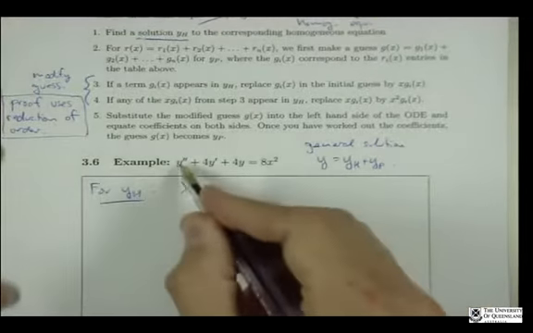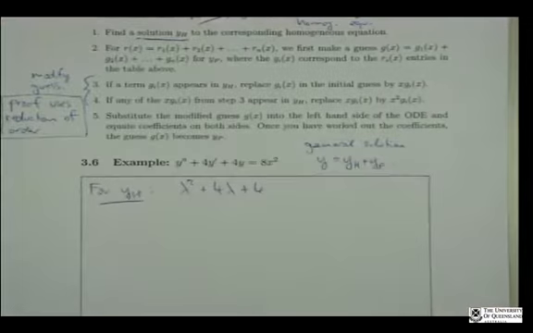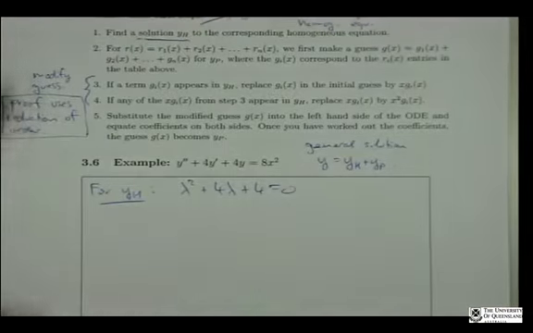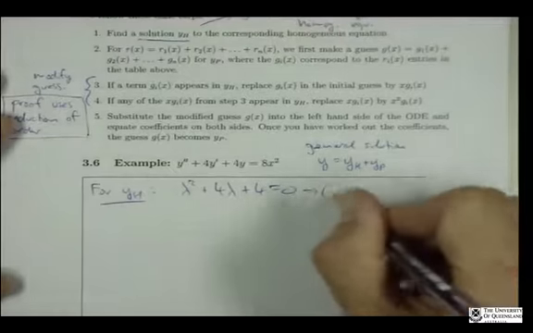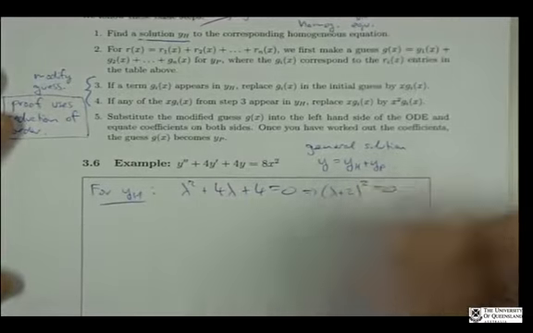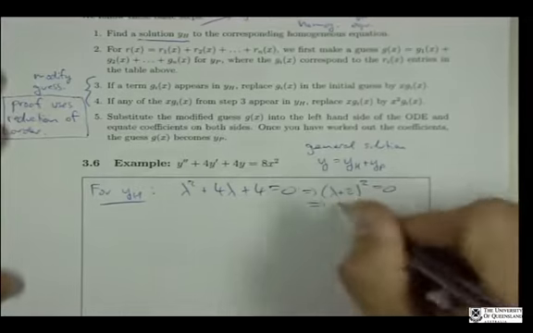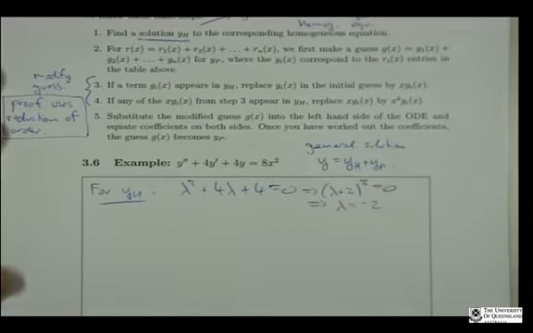Remember, the second derivative always contributes a factor of lambda squared, the first derivative a factor of lambda, and the y itself just contributes a factor of 1 to the characteristic equation. So we end up with lambda plus 2 all squared equals 0. So we end up with 1 value of lambda.